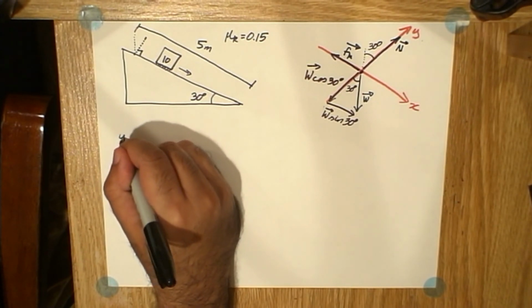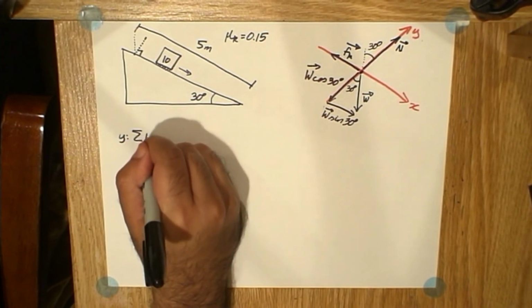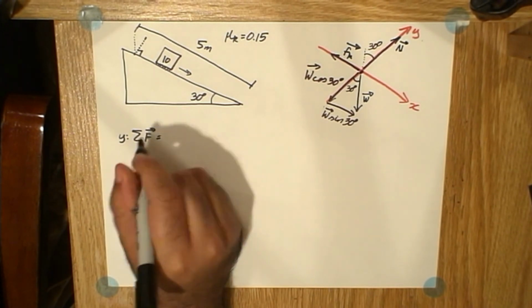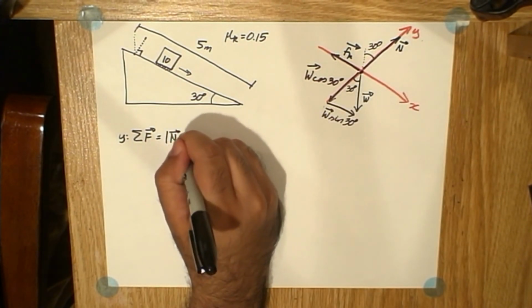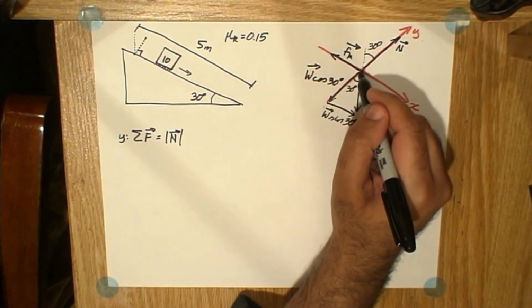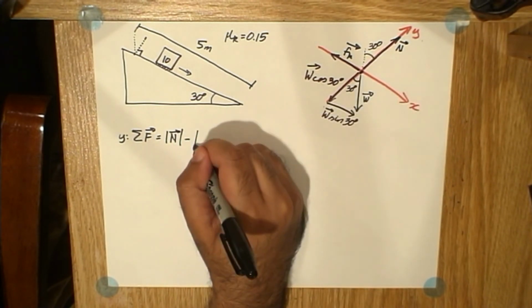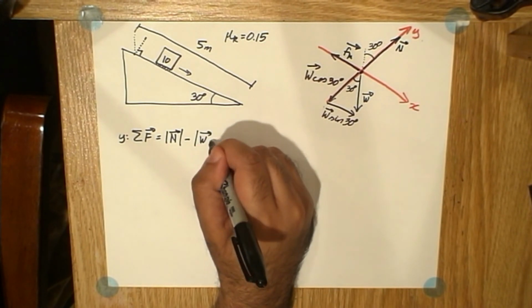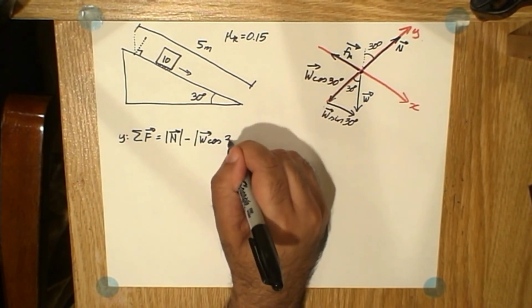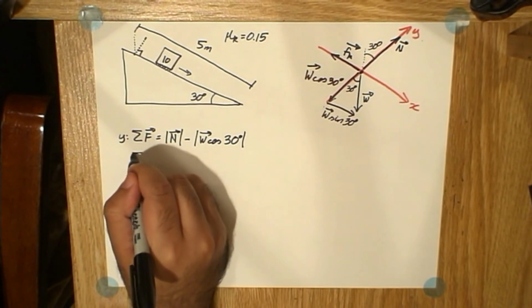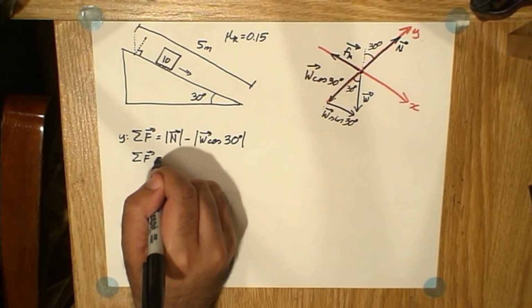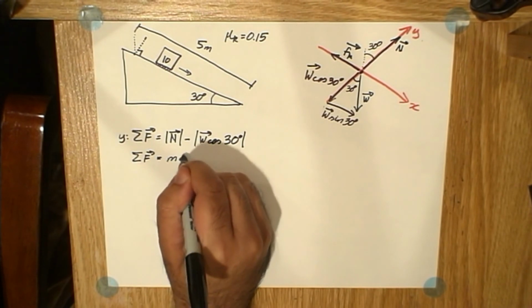In the y direction, the total force will be given by the normal force pointed in the positive direction minus weight cos 30, which is pointed in the negative direction. But total force is equal to mass times acceleration.